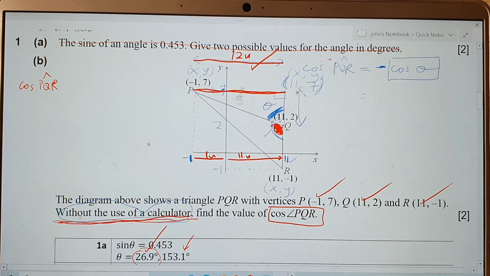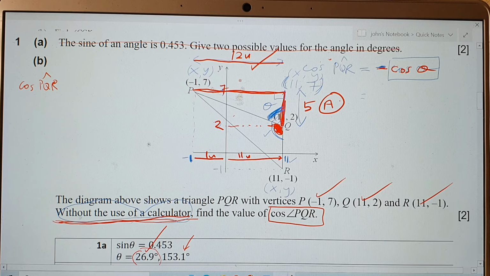Now I'm going to find this part here. Very simple. I know that this is 7, and now here is 2. That will tell me that this length, which is parallel to this, is 5. Now because I need to find cosine theta, cosine theta is adjacent over hypotenuse.